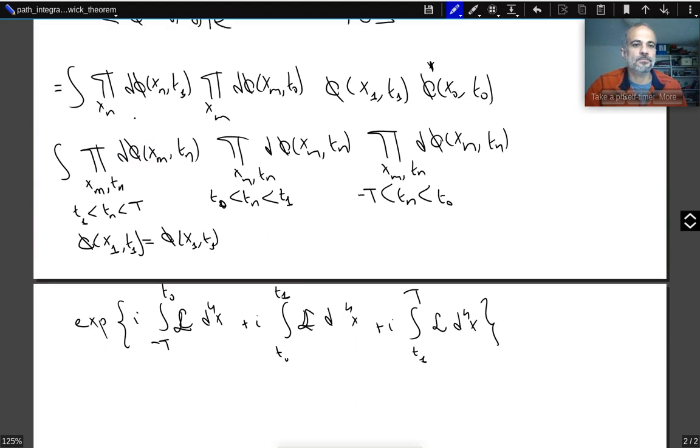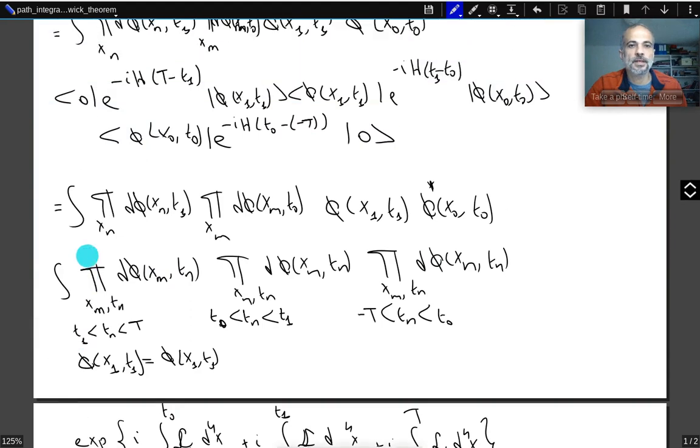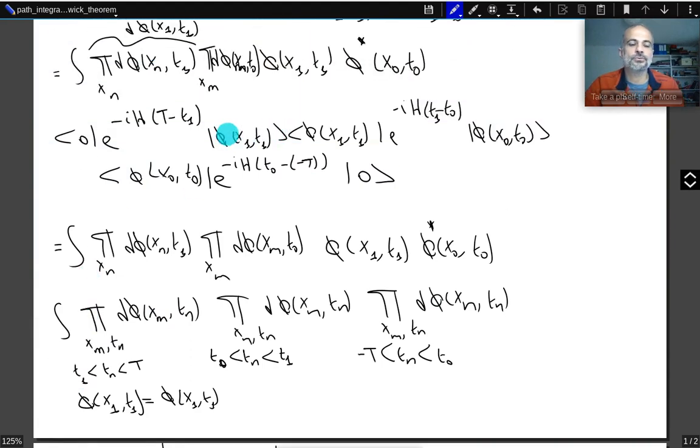But now let's see. In these measures, I don't integrate over the value of the fields at the time t1 because they are fixed by these fields over here. But those integrals are just over here. So these two integrals contain integrals over t0 and t1 which do not appear in these measures.